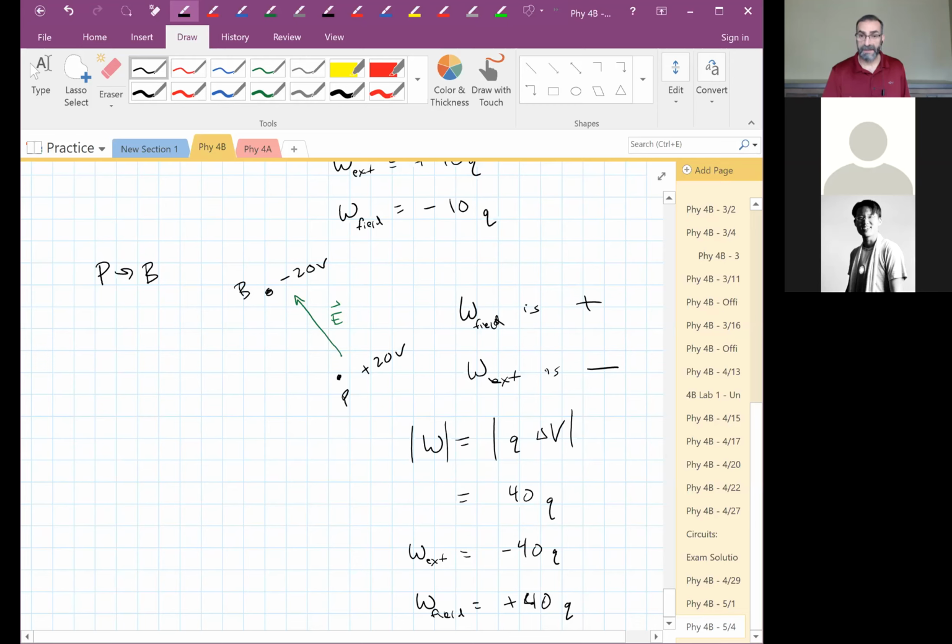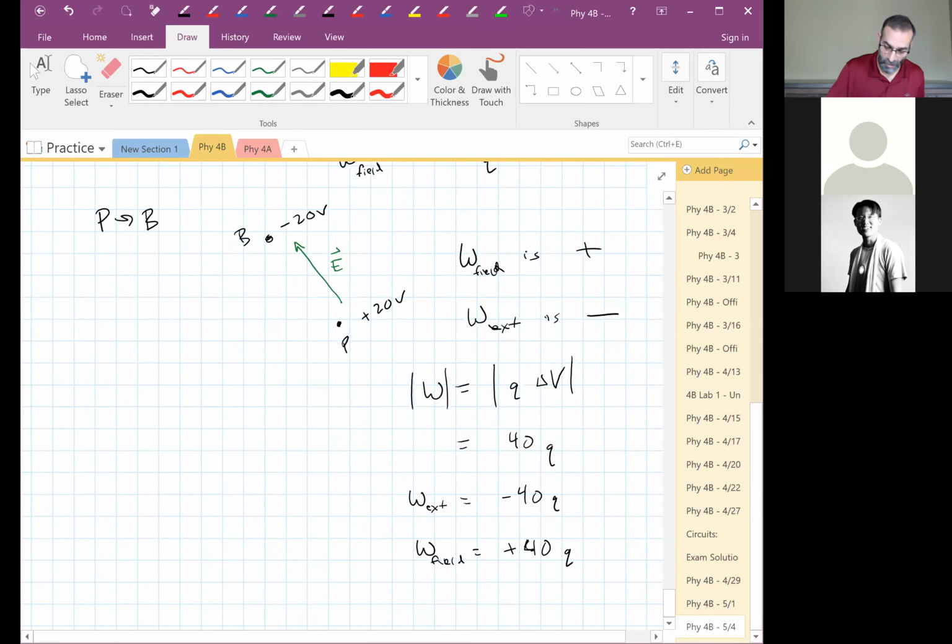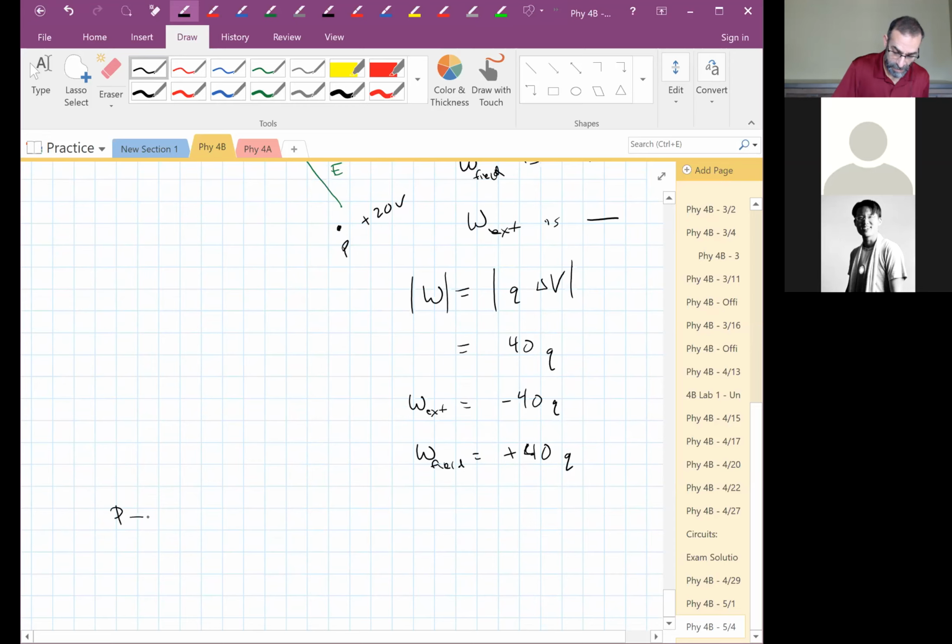So you're getting the feel for how you'd find work done moving particles around. Find delta V, multiply it by the charge you're moving. Don't worry about signs initially. Just find the magnitude, take the absolute value. And then in the end, think about whether it has to be positive or negative. Should we do one more? P to E.